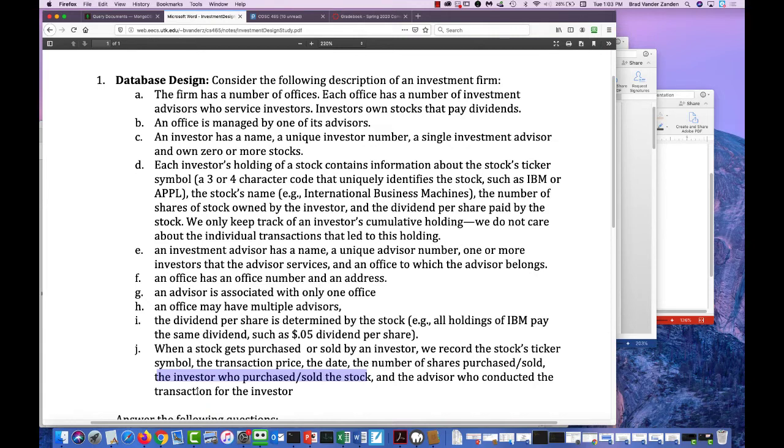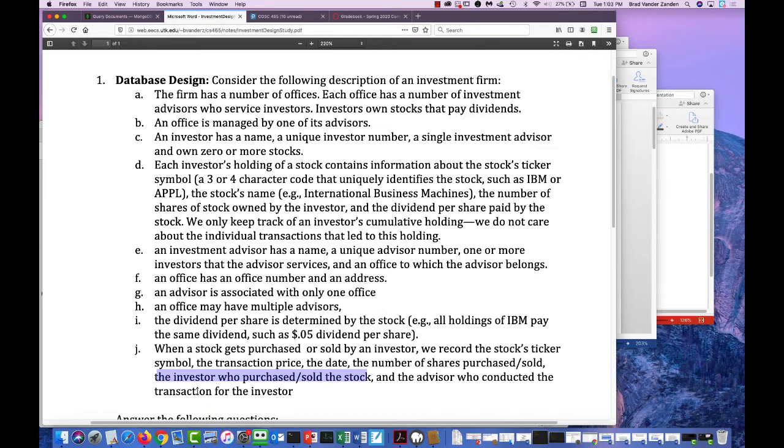Anytime you have an attribute that references an entity, it's a foreign key. Those are different from descriptive attributes. Descriptive attributes don't reference, they're not like pointers. But when we're talking about attributes that reference other entities, those are more like pointer attributes. Those are foreign keys.